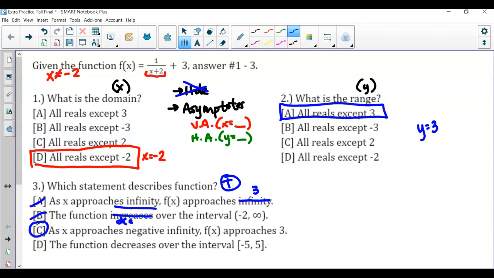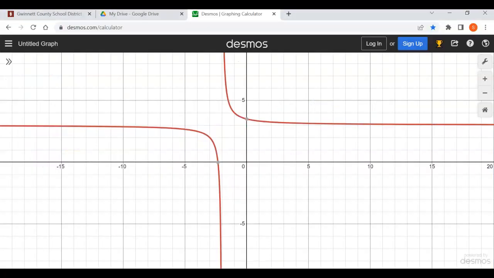So for those who thought it was D, this says that the function is decreasing. So we said there's only intervals of decrease, but over the interval of -5 to 5. So remember, those are the x values we're looking at from -5 to 5. So I'm going to look back at my graph from -5, which is here, to 5, which is here. But is our graph constantly decreasing over that interval?